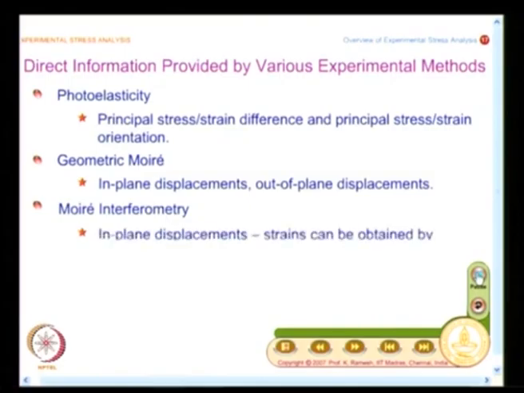And the next is Moire interferometry. In Moire interferometry you can get in plane displacements. Here you can make very precise measurements compared to geometric moire, because the displacement is very accurate. Strains can be obtained by differentiation. Like I said, in the case of photoelasticity, you could get in plane shear stress if you know the principal stress difference and principal stress orientation.